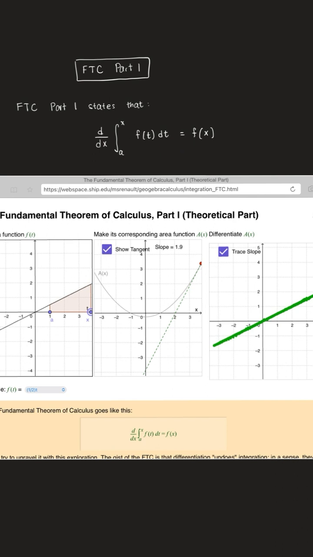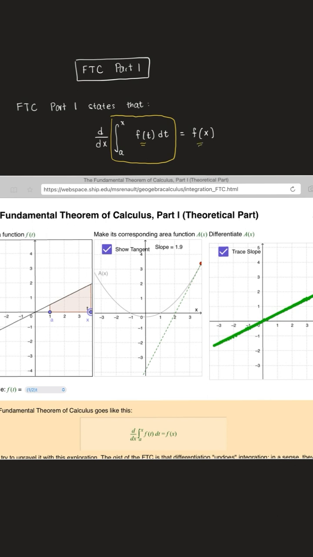So in some way, the derivative and the integral undo each other. This area accumulation function is an antiderivative that we have constructed of f of t, because when we take its derivative, we get the original function back.